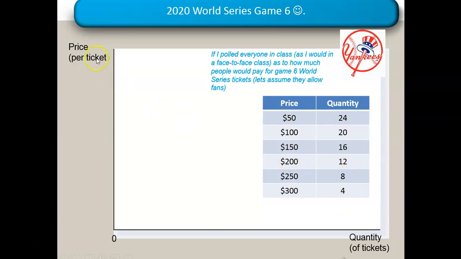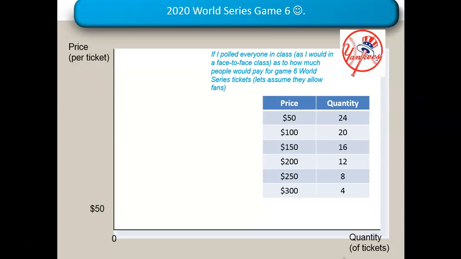The y-axis, the vertical axis, is the price that the consumer has to pay to buy the ticket, and the horizontal axis is the quantity of tickets, where further to the right on the graph is higher quantity, higher up on the graph is higher price. So we have two dimensions on the graph, and we have two dimensions in this table, in this demand schedule. So we can plot these points, because each price-quantity combination creates a point on this graph.